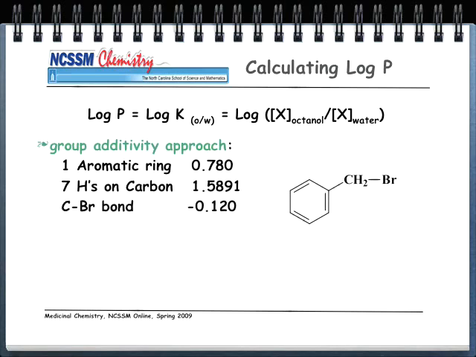I can say that the carbon-bromine bond is a negative 0.120 in terms of its addition to calculating log P. I can see there's one alkyl carbon there, and that has a value of 0.195. And if I add those all up, that adds up to 2.924, and I would call that the calculated log P, sometimes known as the C log P.